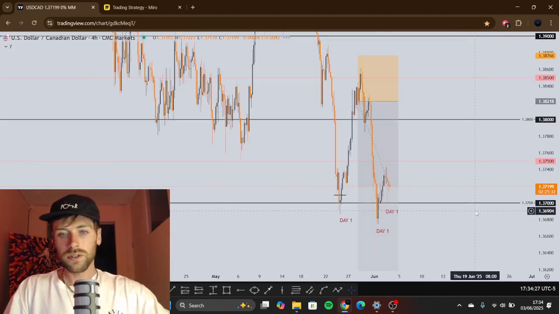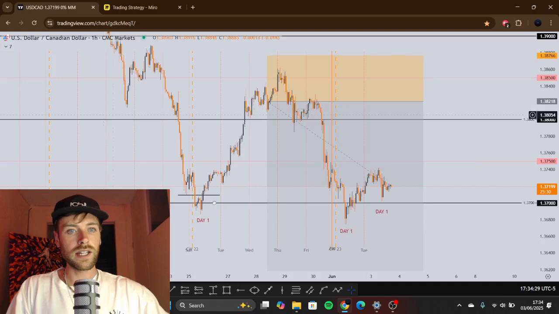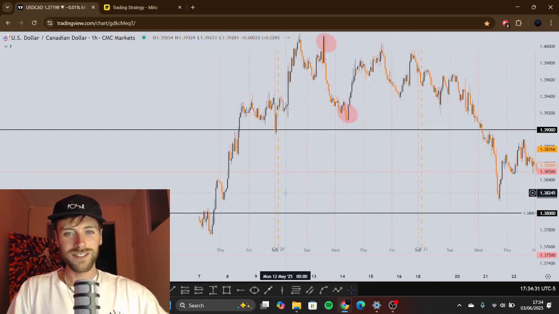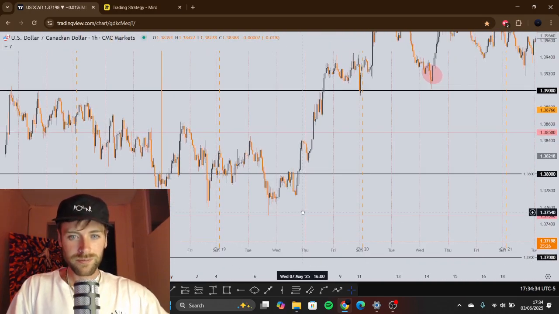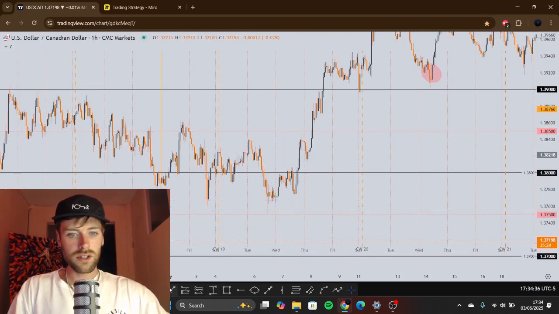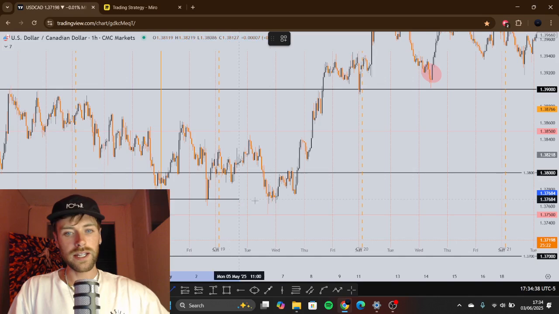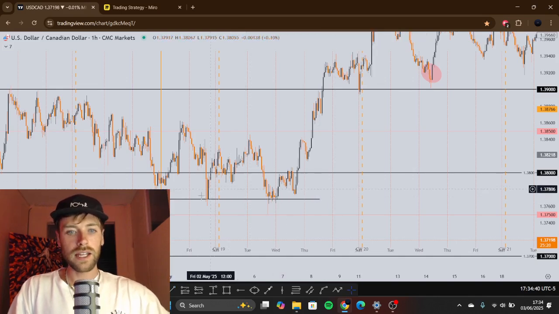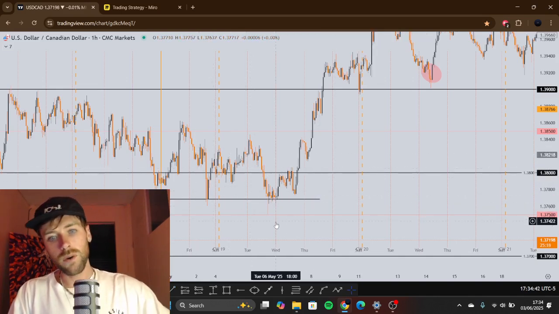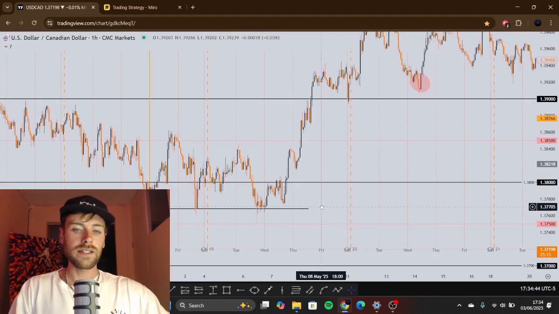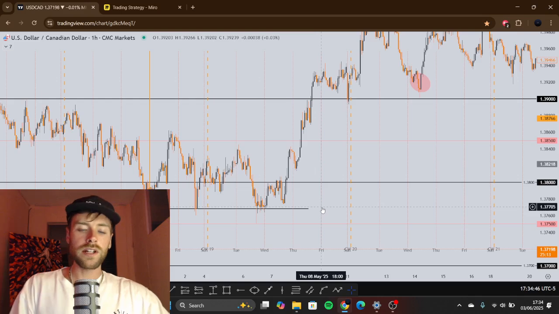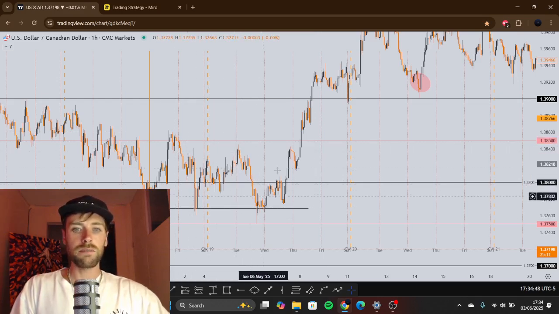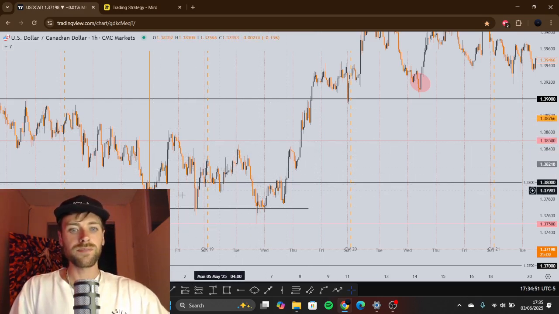Okay, let's go through just a little bit more day counts, then I will wrap this up. So here we have a range. This is just the most important thing: identifying a low and then a false break of that low. Again, it can seem subjective, but we're literally just looking for, okay, this is clearly a box, this is clearly a consolidation.